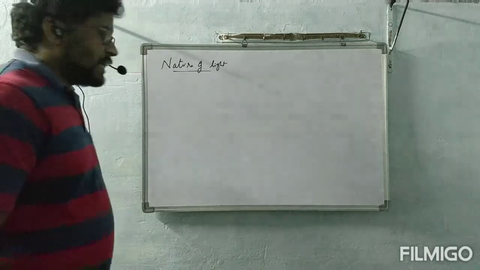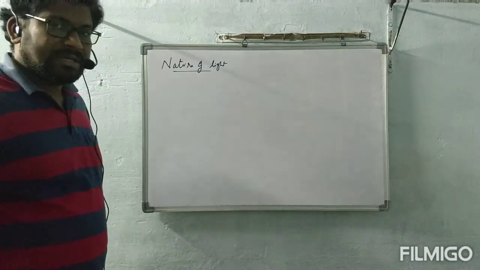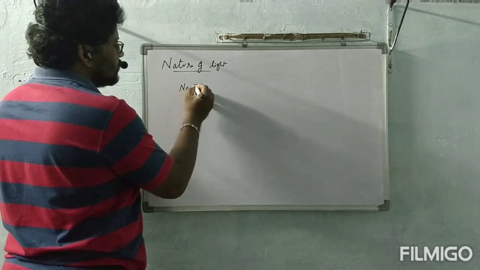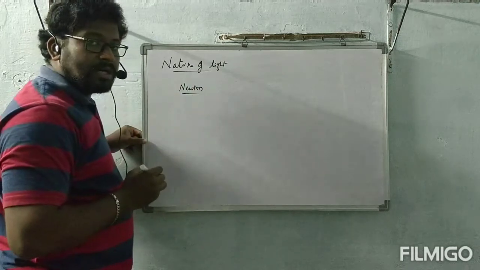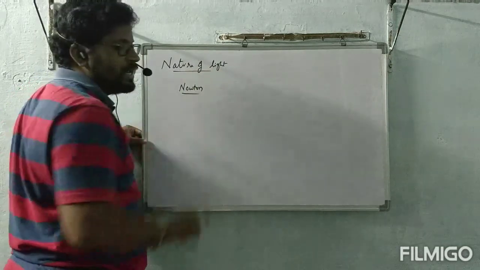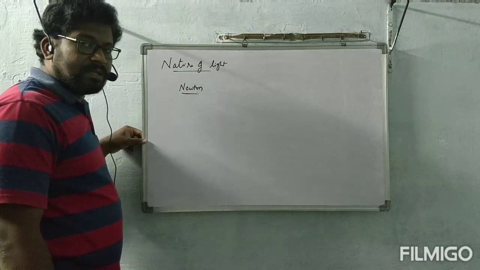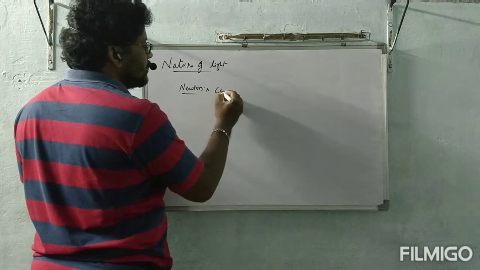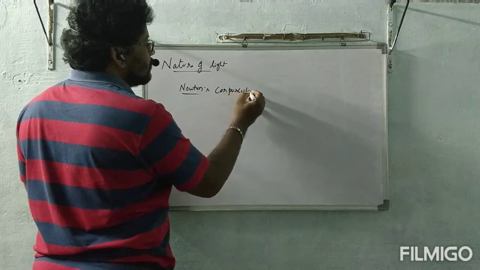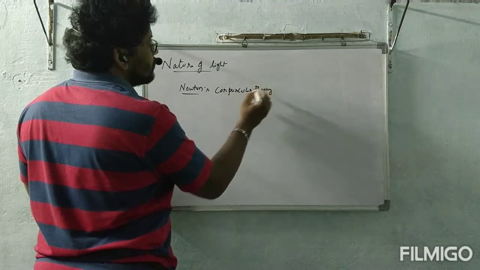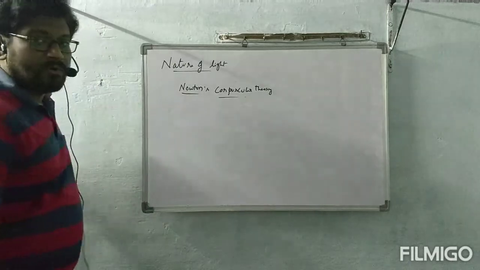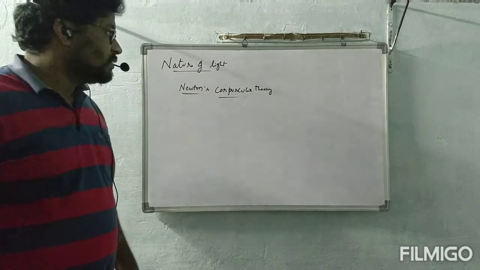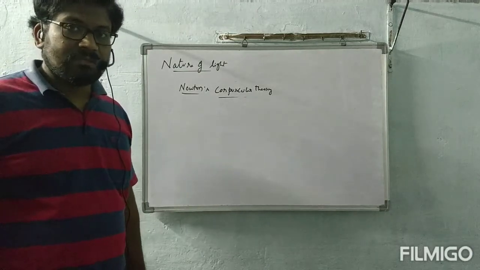Now in olden days, ancient history time, the scientist Newton tried to explain the nature of light, and he proposed one theory called Newton's corpuscular theory.